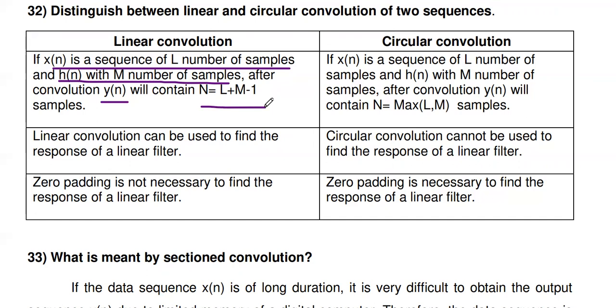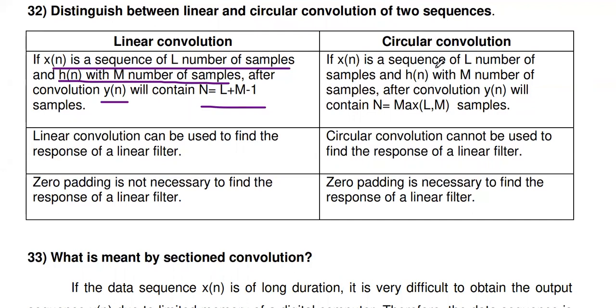Already you know, if the first sequence has length L and the second sequence has length M, the linear convolution output has length L plus M minus 1. But in circular convolution, both sequences should have the same length.